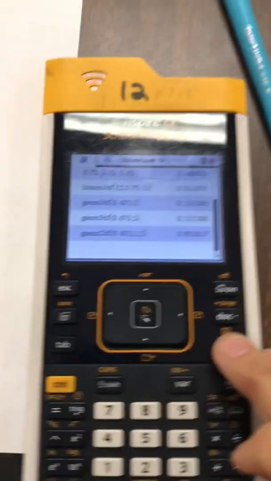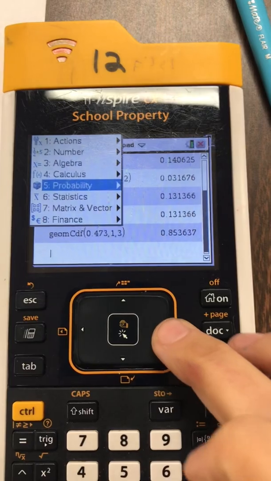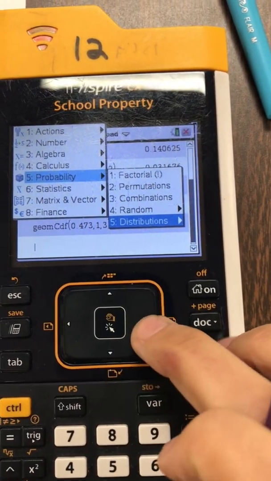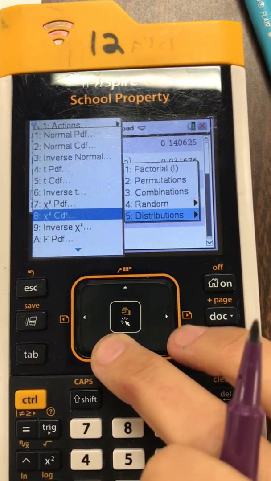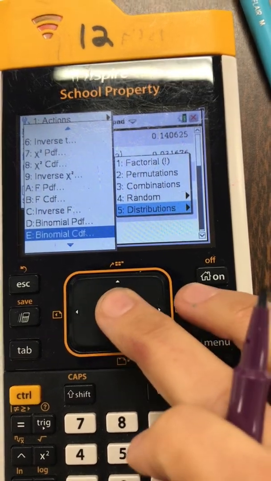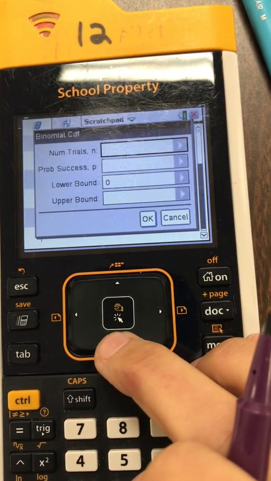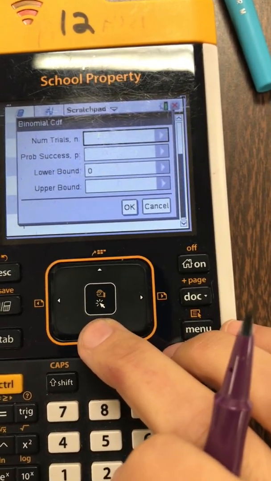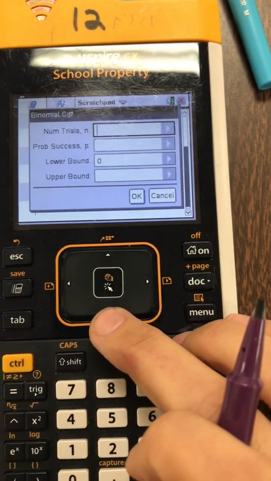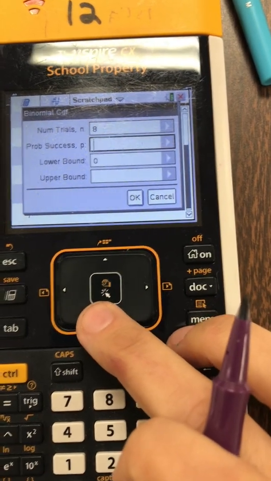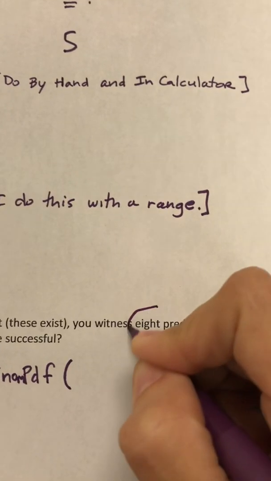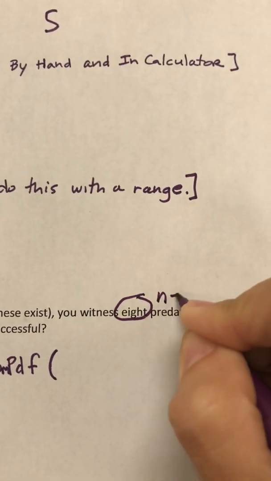So when I think about my binomial, let's go back to my calculator. You may have done this earlier and not really understood what he was talking about. When I do binomial, I want exactly 3 successes. Now I actually know my number of trials because it says I witnessed 8 trials. So N now is 8.